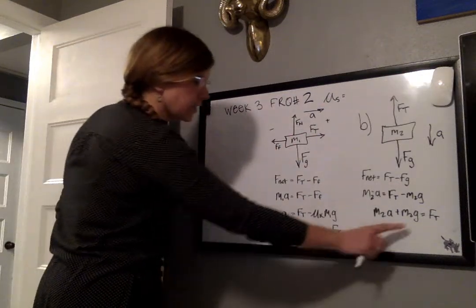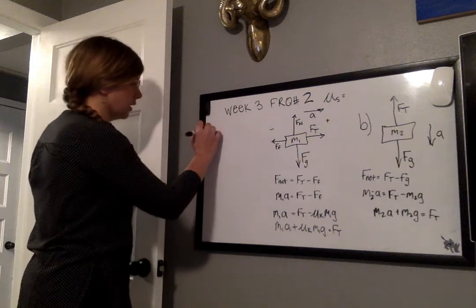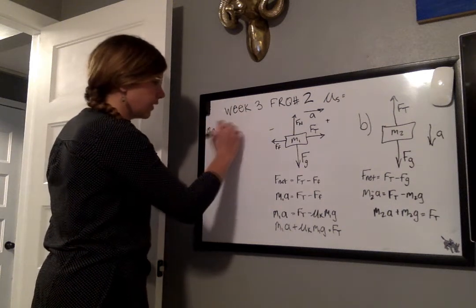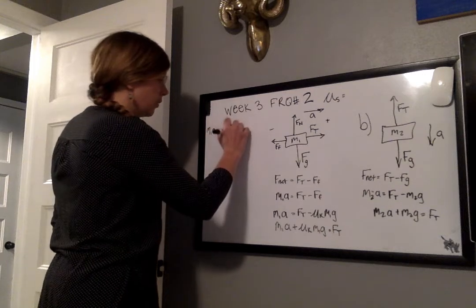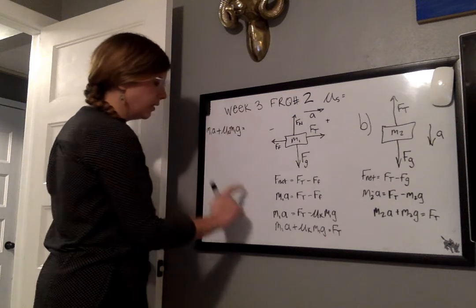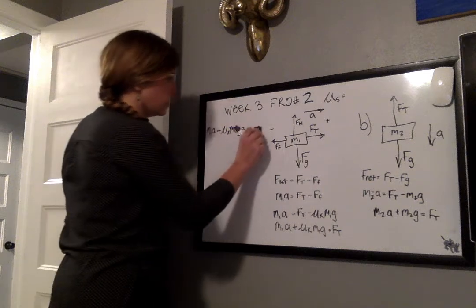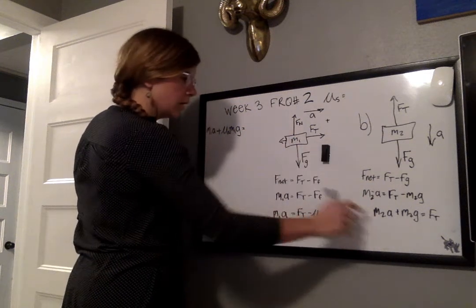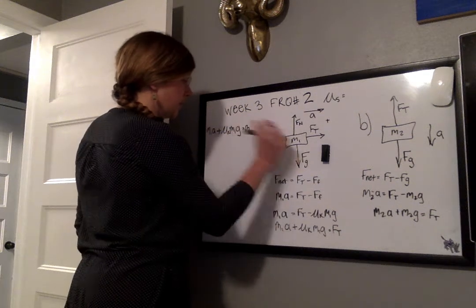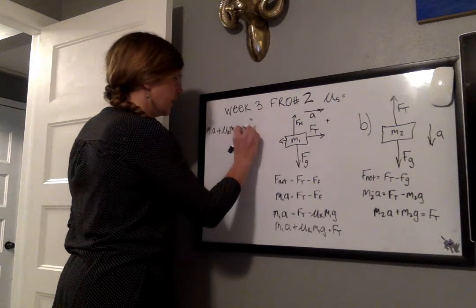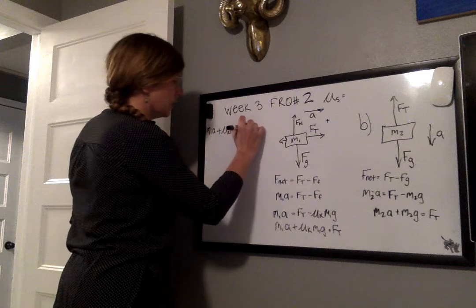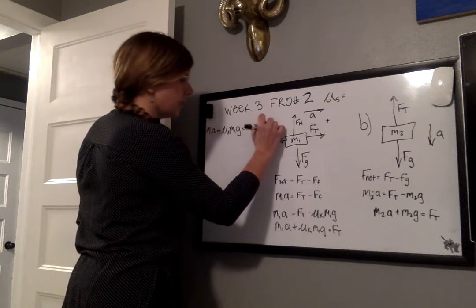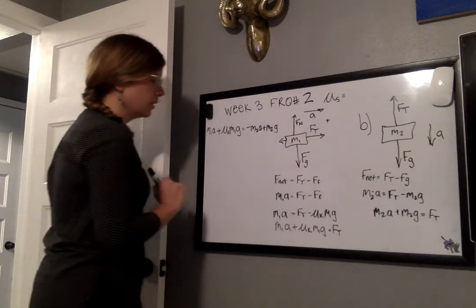Awesome. So force of tension, set them equal to each other. So I have m1a plus coefficient of kinetic friction, m1g is equal to negative m2a plus m2g.